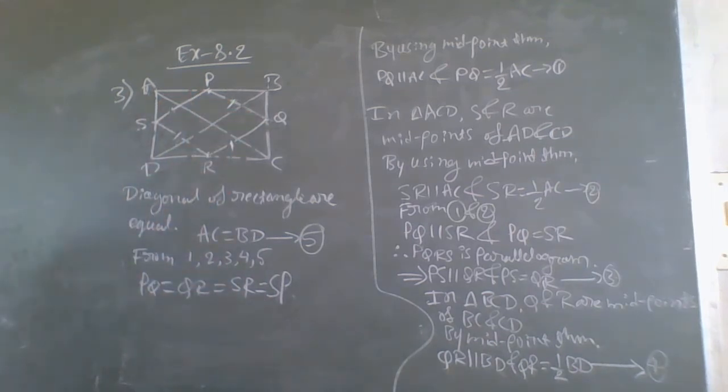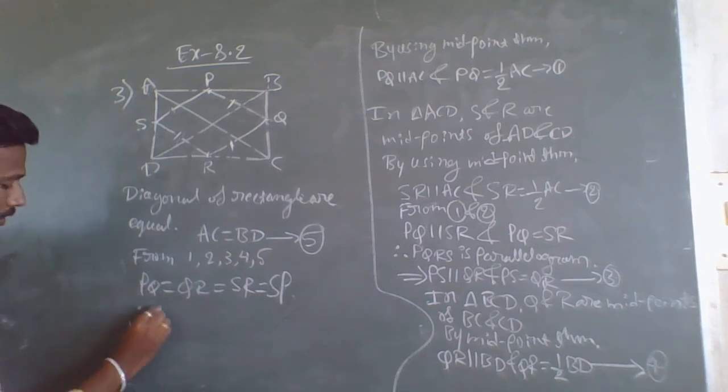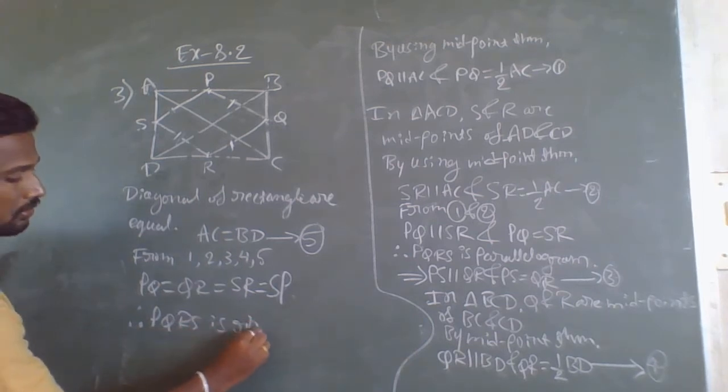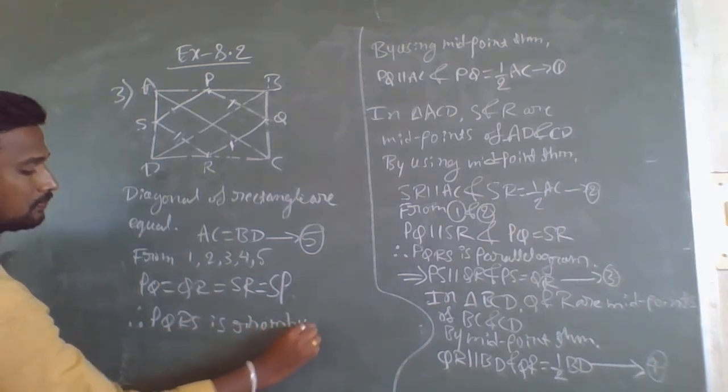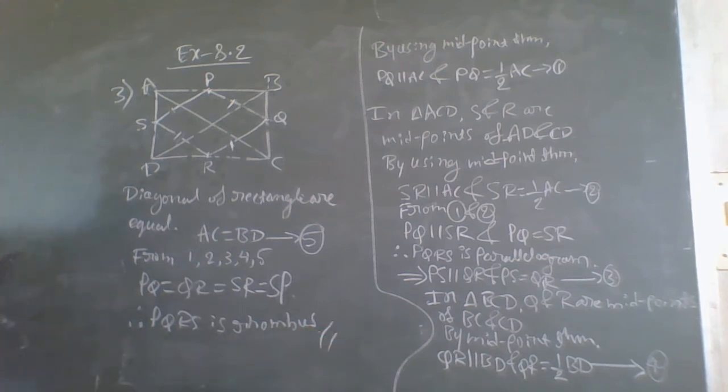So if all the sides are equal, we can write that therefore PQRS is a rhombus.